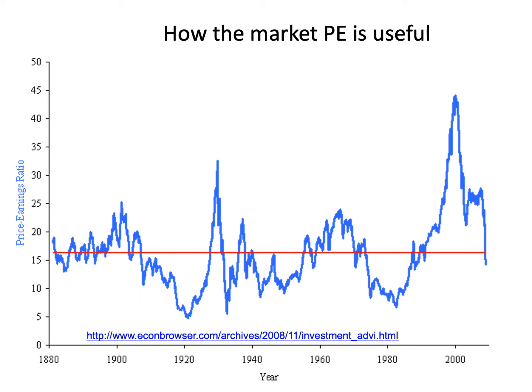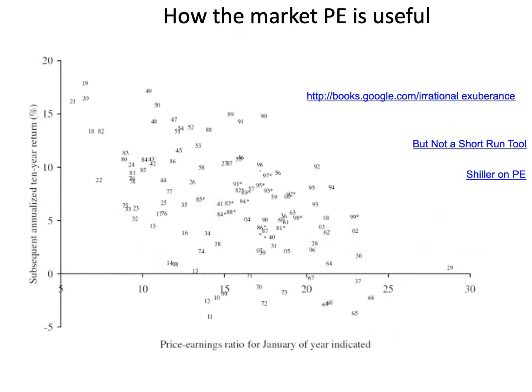And you see it before the Wall Street crash, in the 60s, and in the run-up to first the internet boom and then the Great Financial Crisis. It's not a short-term tool.